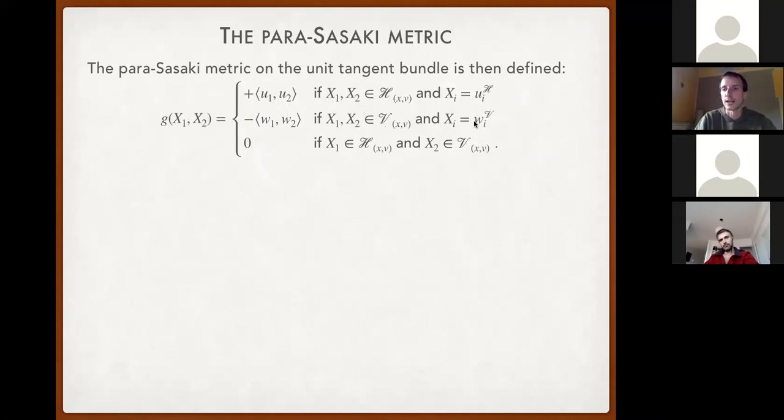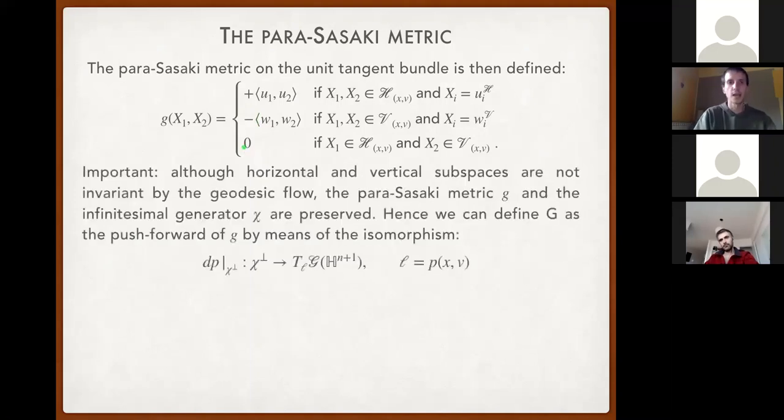If both vectors are vertical, then you pair them by using, again, the hyperbolic metric. This would give the Sasaki metric, but here we want the para-Sasaki metric, so we put a minus sign here. This minus is a difference with respect to the usual Sasaki metric. And finally, we declare that the horizontal and vertical subspaces are orthogonal.